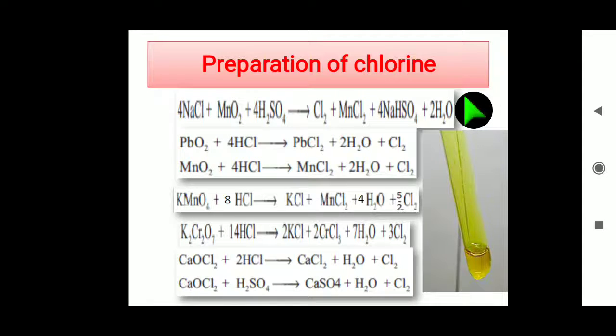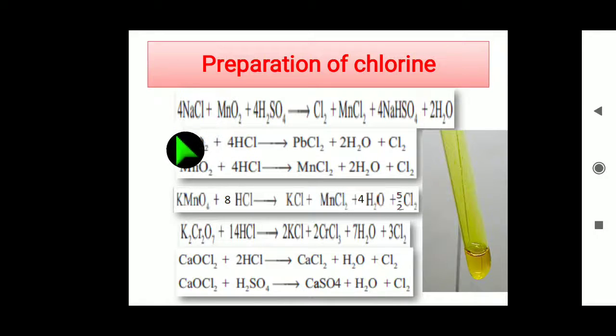Okay. It can also be prepared by oxidizing hydrochloric acid using various oxidizing agents: lead dioxide, manganese dioxide, potassium permanganate and potassium dichromate.